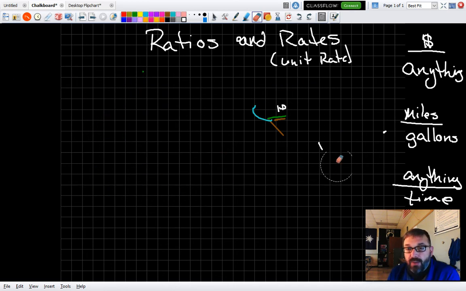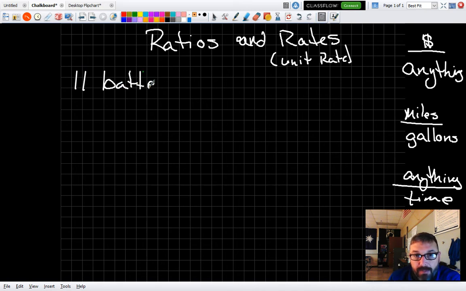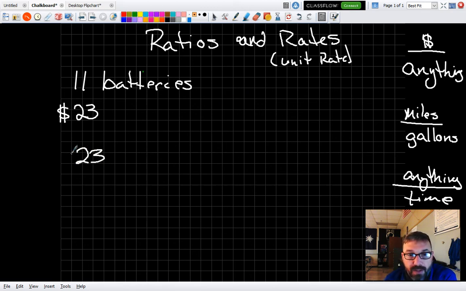And let's take it to the next step, okay? So we have 11 batteries cost $23. So 11 batteries cost $23. Okay, so what is my rule over here for this? Money over anything. So I'm going to put $23 over 11 batteries.